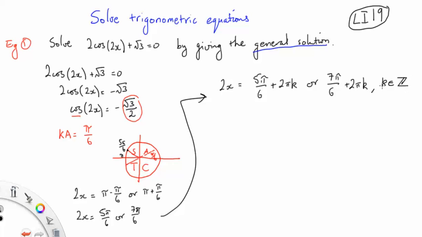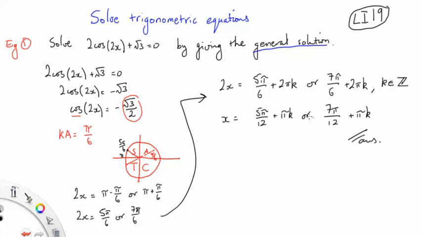So k is an element of the integers. Alright, so we've got what 2x is. Let's divide everything by 2. 5 pi on 6 divided by 2 is 5 pi on 12. 2 pi k divided by 2 is pi k, or 7 pi on 6, so that becomes 7 pi on 12 plus pi k. That's a valid final answer.